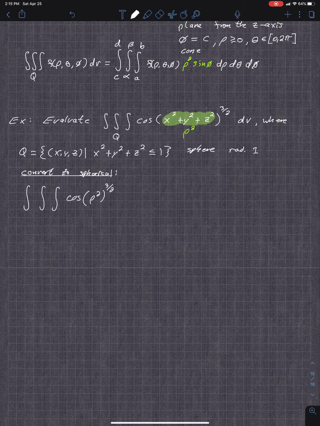So now you have to place in your rho squared sine phi. You have to do that next. That's like that little r factor. Again, I didn't go through the derivation of that. There's a little easier way to show that in our next section with Jacobians, which we'll see later, and how that pops out essentially.